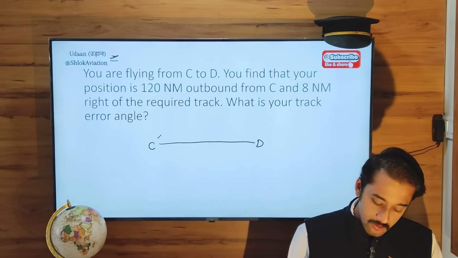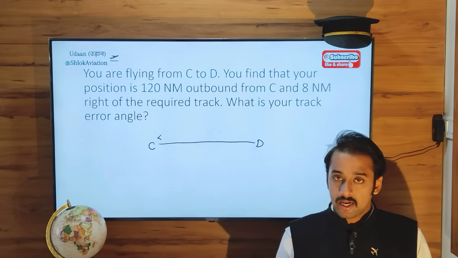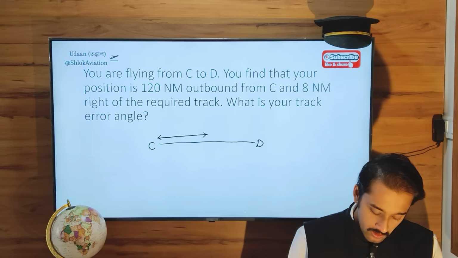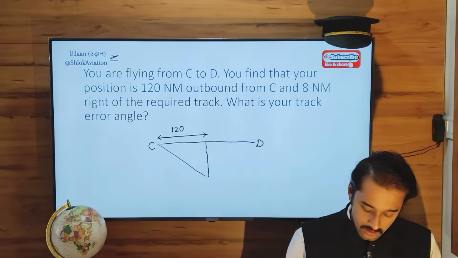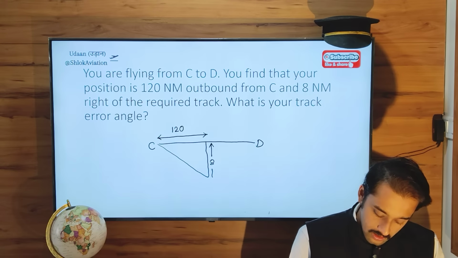Outbound from C means you have traveled 120 nautical miles away from C. So you are 8 nautical miles to the right of the track, and now you have to calculate your track error.